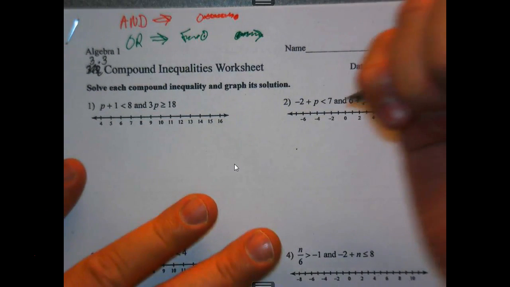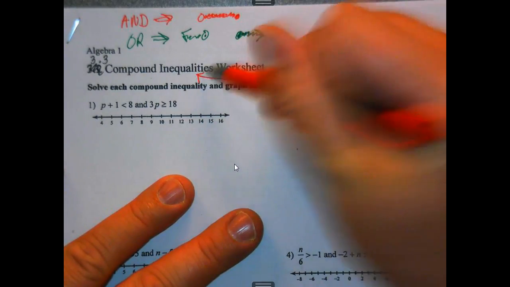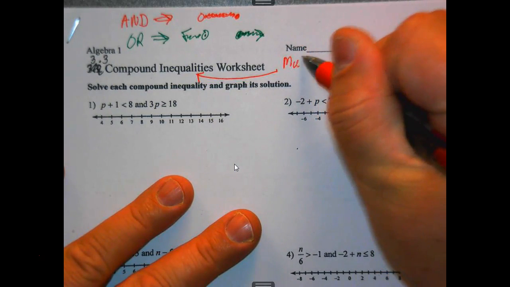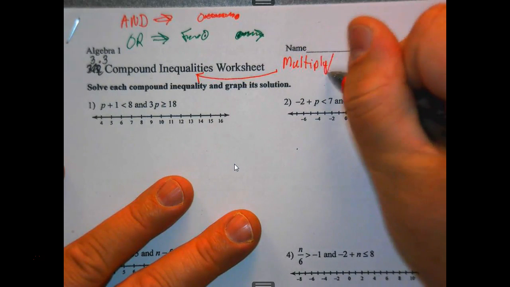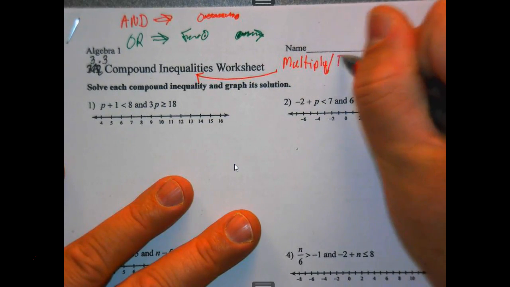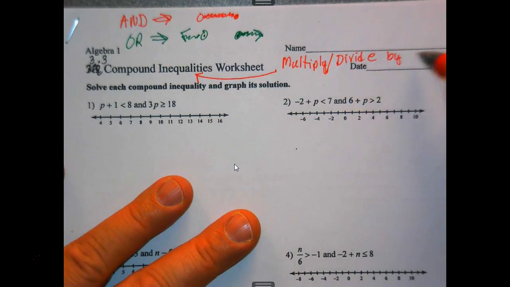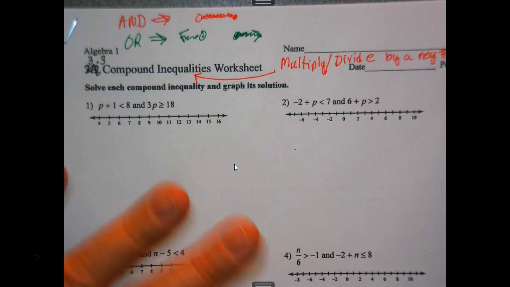The thing about inequalities is, if you multiply or divide by a negative number, don't forget to flip the sign.